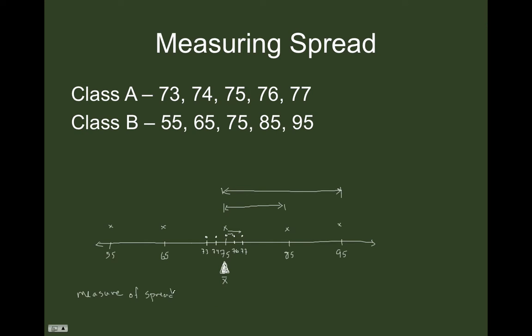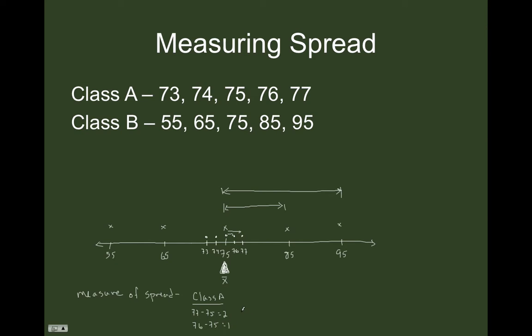So one way to think about the measures of spread is as follows. Let me see if I can do this well. For example, if I look at Class A, the difference between the data values, say 77 and the mean of 75, is 2, and 76 and the mean of 75 is 1.